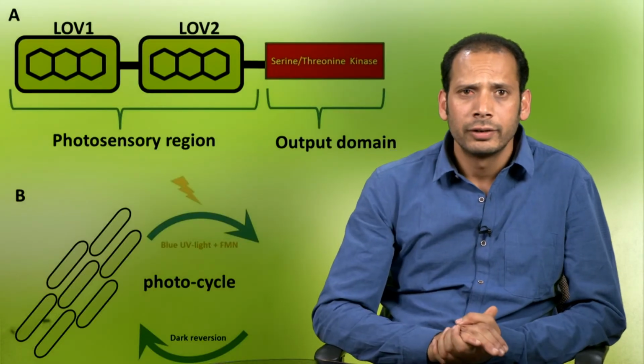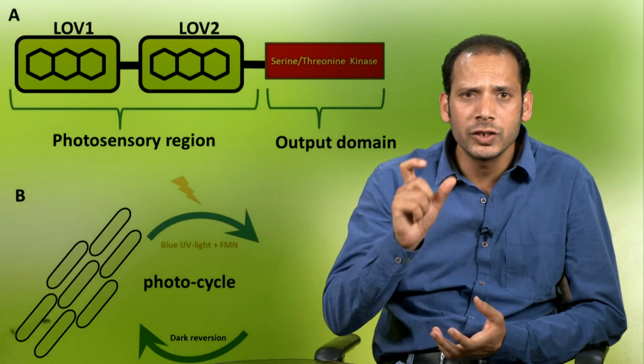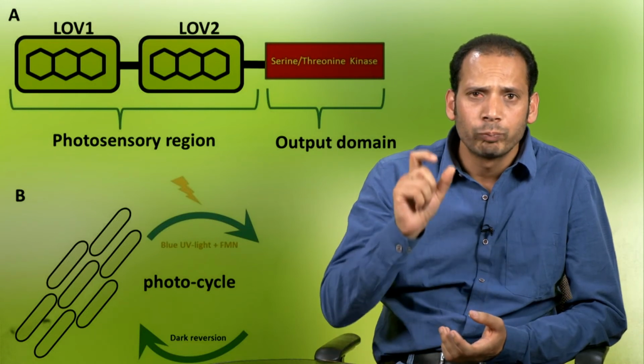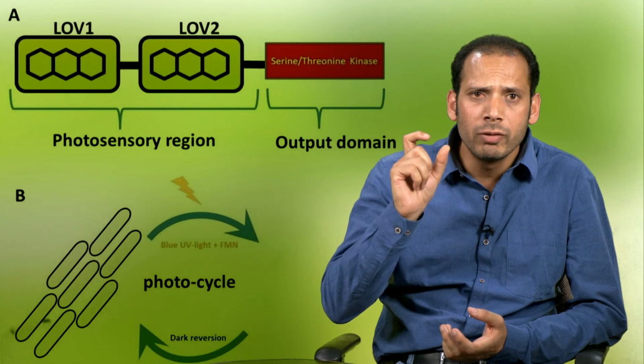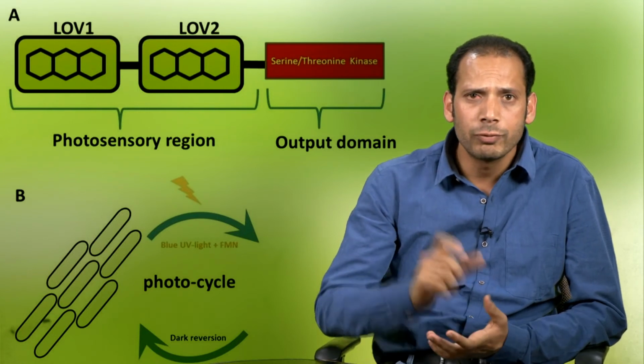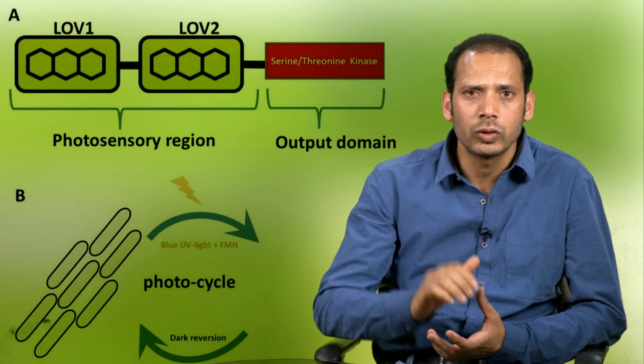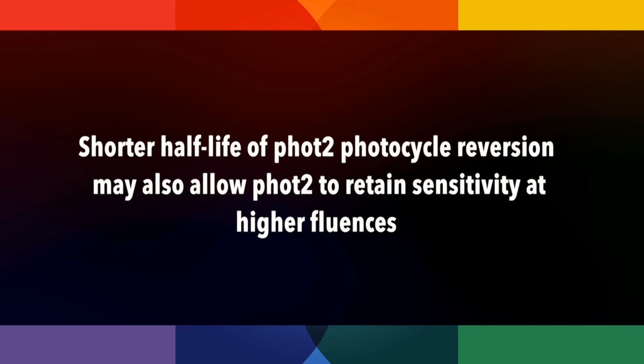Such differing roles are partially explained by differential gene expression. While only phototropin 1 is expressed in etiolated seedlings, phototropin 2 transcription increases upon exposure to light. The shorter half-life of phototropin 2 photocycle reversion may also allow phototropin 2 to retain sensitivity at higher fluences.